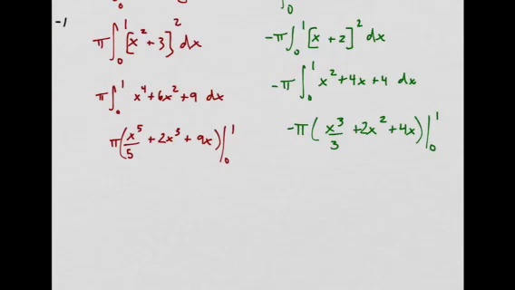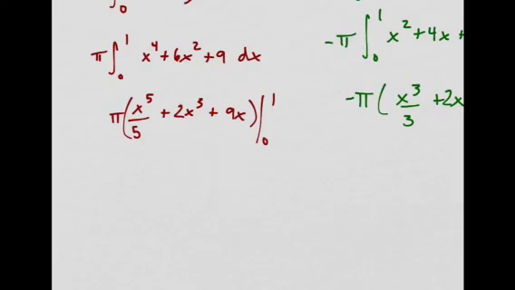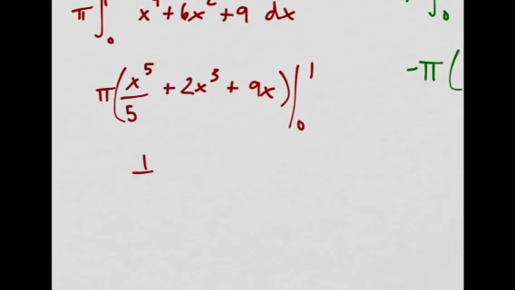Okay, that was pretty quick. What do I do now? Well, I put the 1 in there. I just get 1/5 plus 2 plus 9, all times pi. I would subtract the 0, but all of them turn to 0, so I don't need to do that.